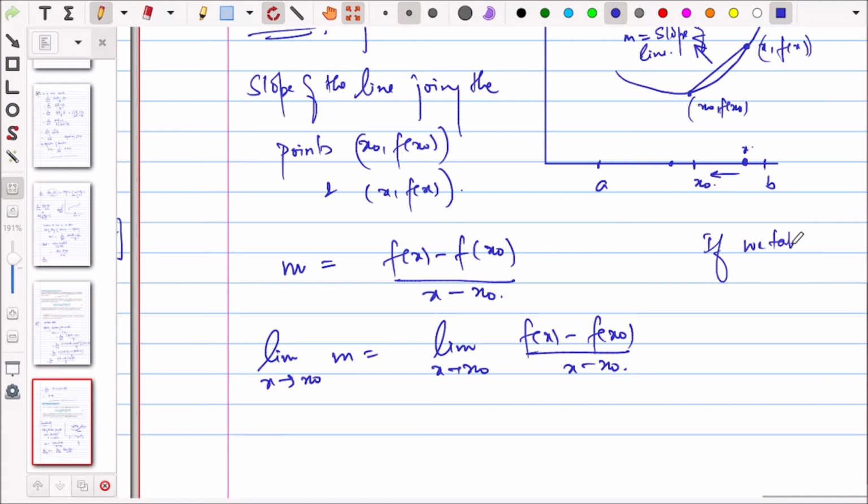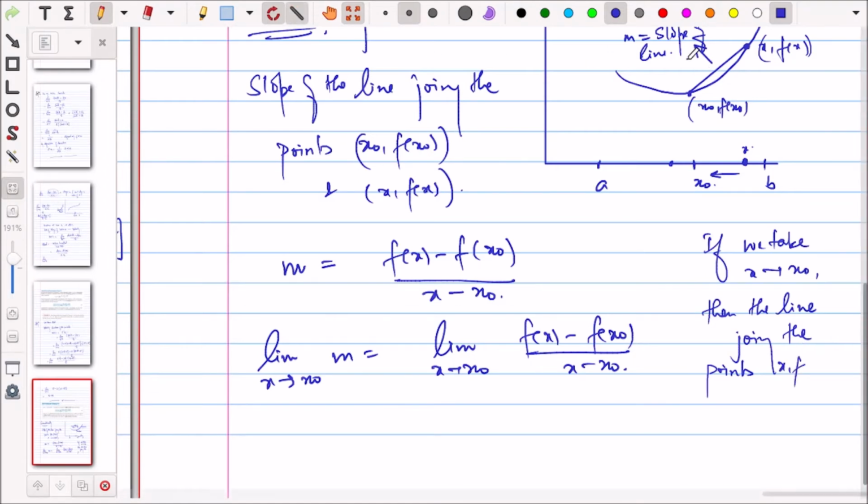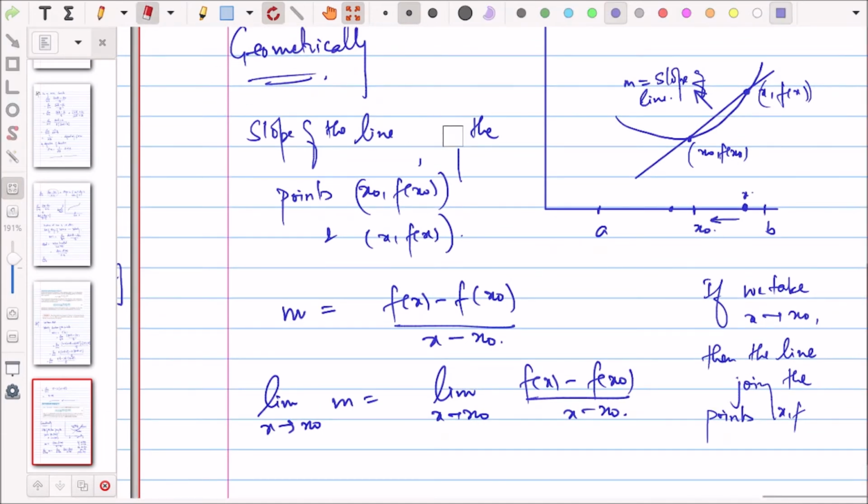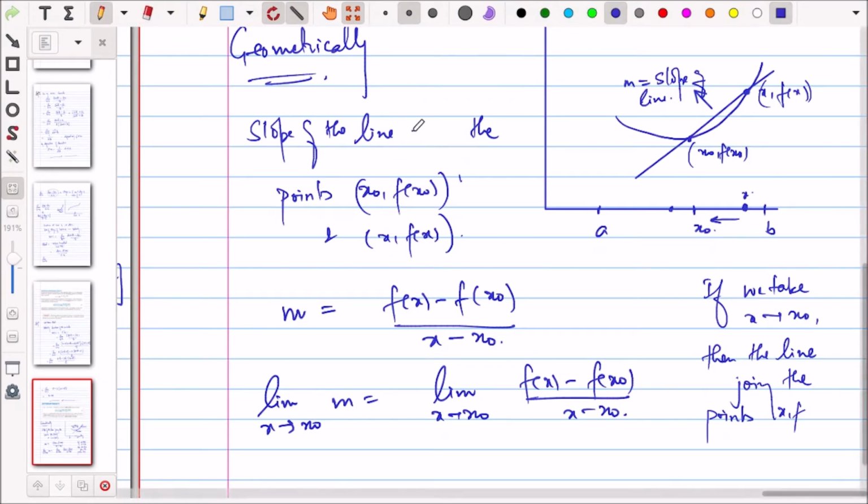If we take x to x0, then the line joining the points x, क्योंकि ये लाइन जो है बेसिकली बिगर लाइन, suppose line passing through 2 points, ठीक है. If I take this line passing through 2 points, then if I take x to x naught, then what will this become? Joining मत करो, passing कर दो, then you will understand it better. अब बताओ.